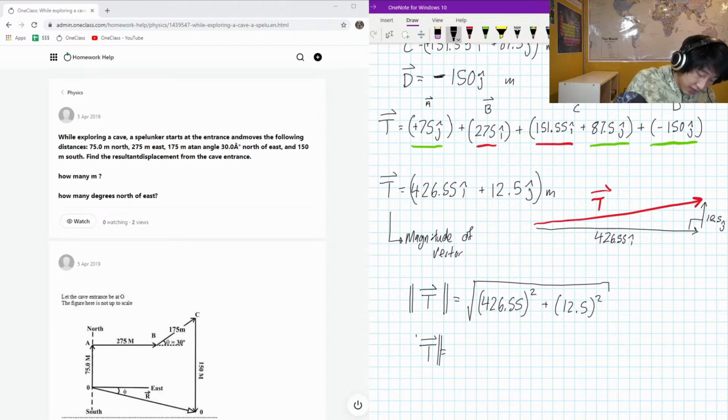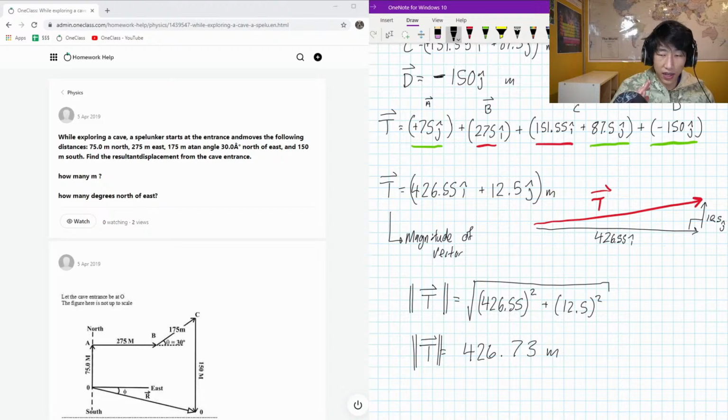So we just have to take this calculation. Okay, 426.55, square that, add 12.5, square that. Take the result of that and put it in the square root, and my result is 426.73 meters, and that is a reasonable answer.